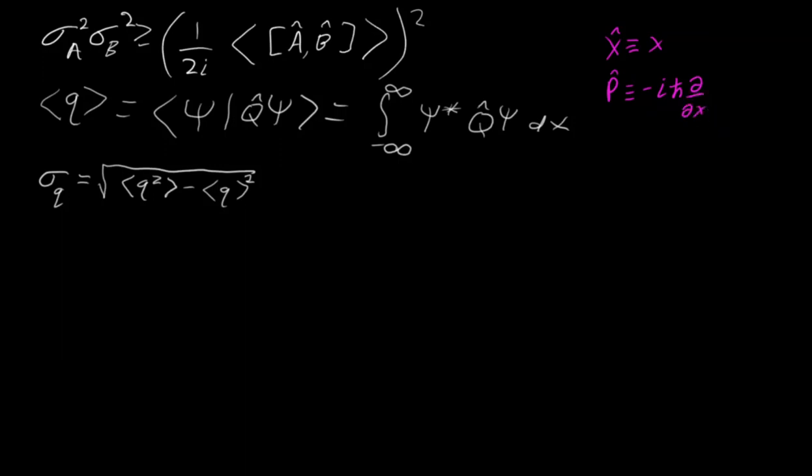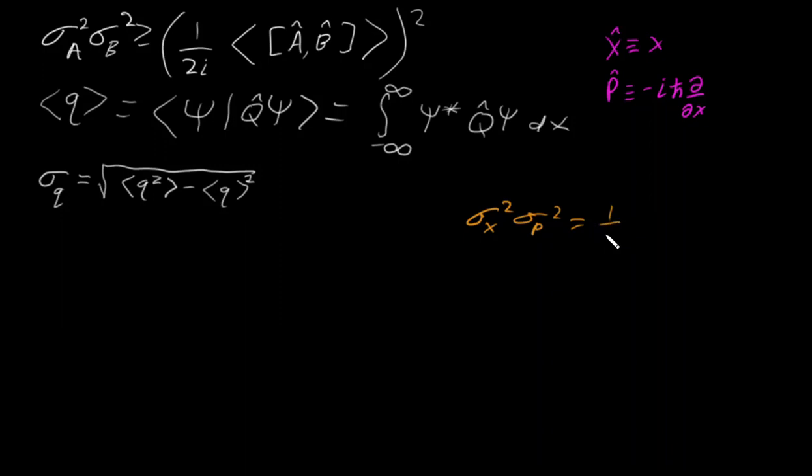The first thing is, this is not part of the problem. This is just the first thing that I want to do to start with, getting us the actual uncertainty principle. We need to get, let's say, sigma x squared sigma p squared.